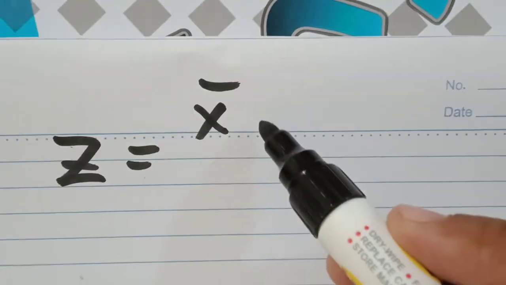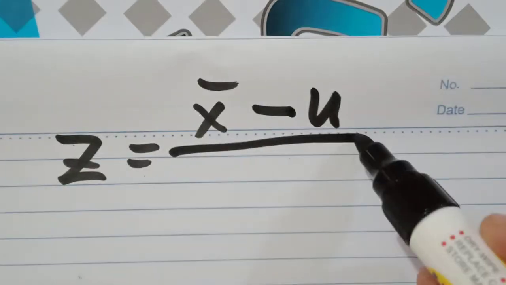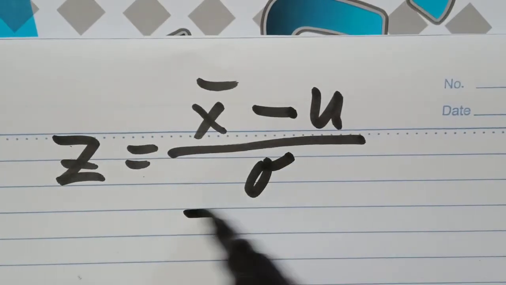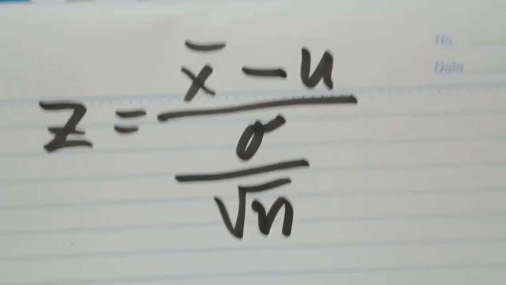Okay. So, kokompute natin. Ang ating formula is z is equal to sample mean minus the mu over the standard deviation over the square root of n. Okay? So, i-substitute natin yan.